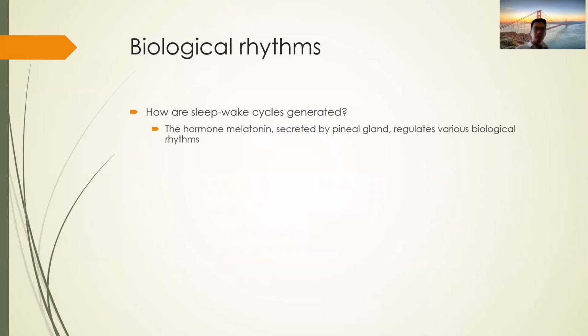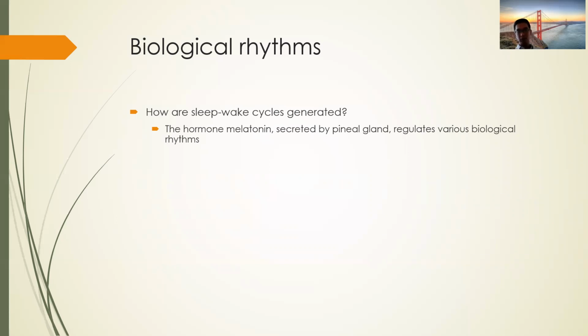So how are the sleep-wake cycles generated? There is a hormone called melatonin. Melatonin is secreted by the pineal gland in the endocrine system. The melatonin actually regulates the biological rhythms. Almost all the biological rhythms are mediated or controlled by the hormone melatonin. The pineal gland is controlled by the pituitary gland.